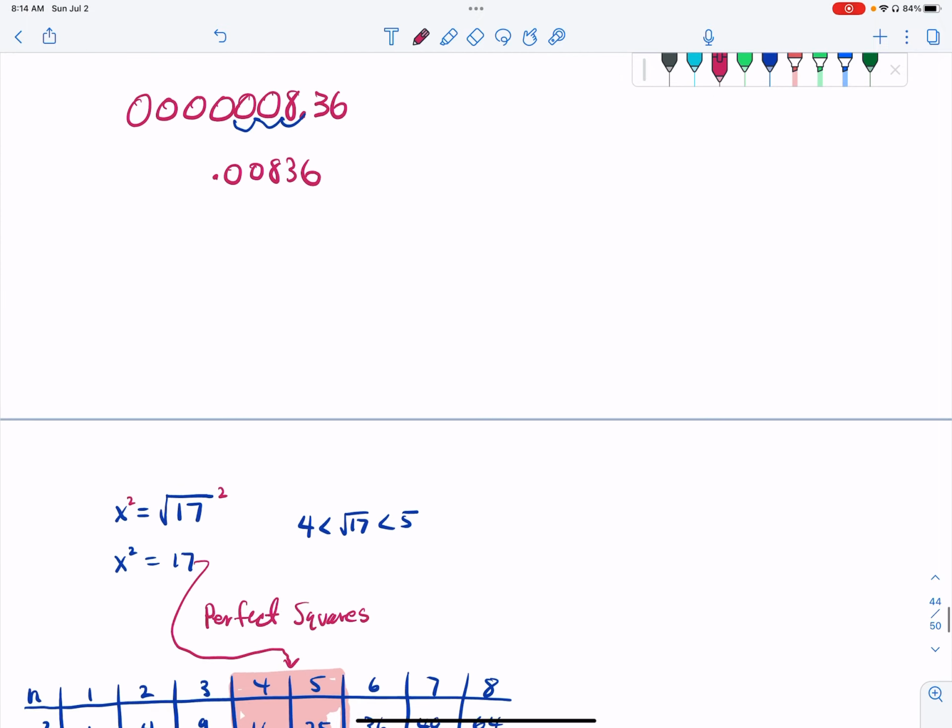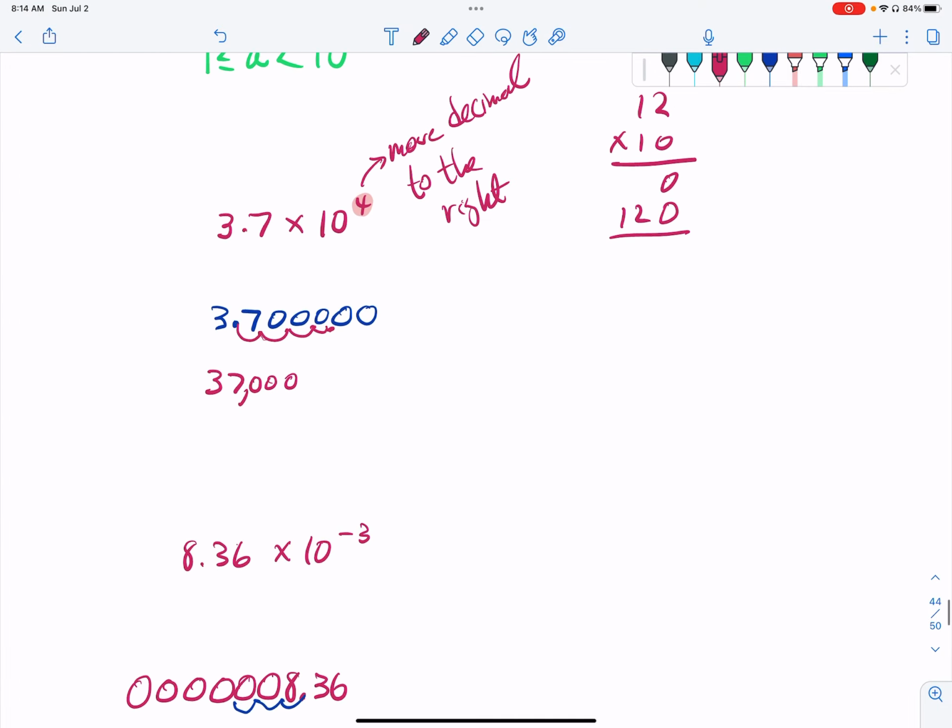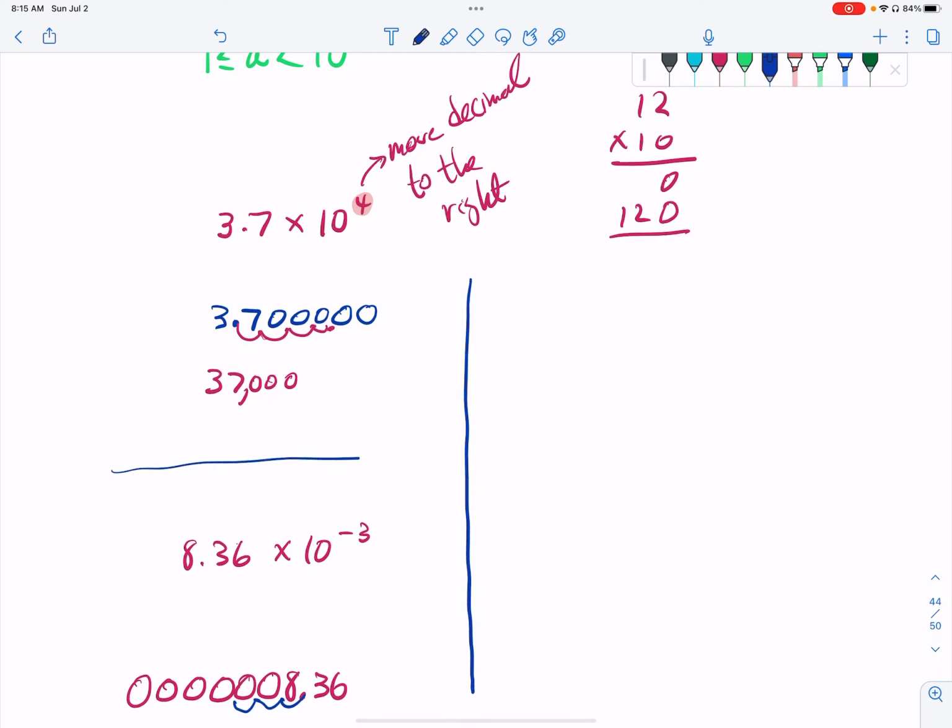So let's say that I work these two kinds of problems in the other direction. Let's say that I have my numbers in non-scientific notation, and then we're going to try to write them in scientific notation. So make up some crazy number like 46,800,000,000.